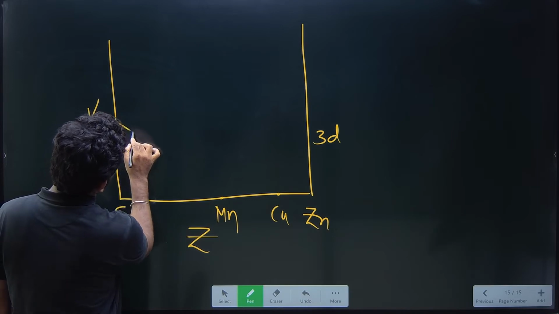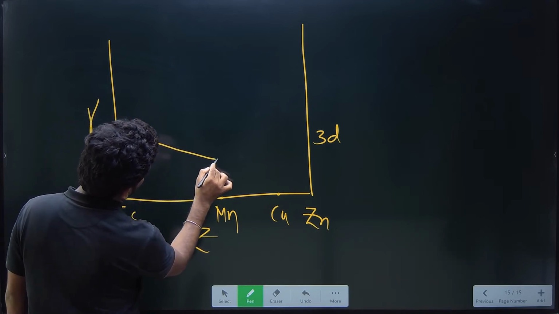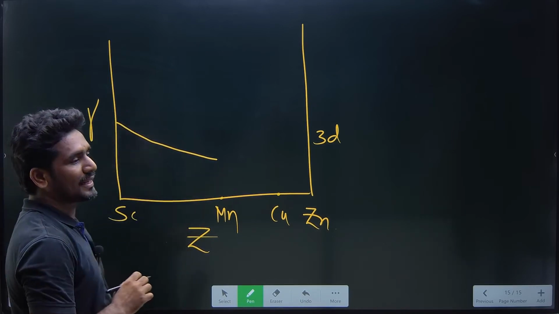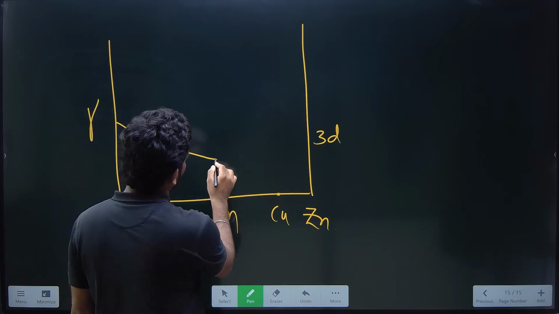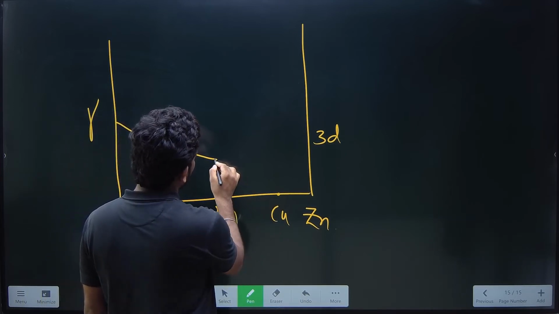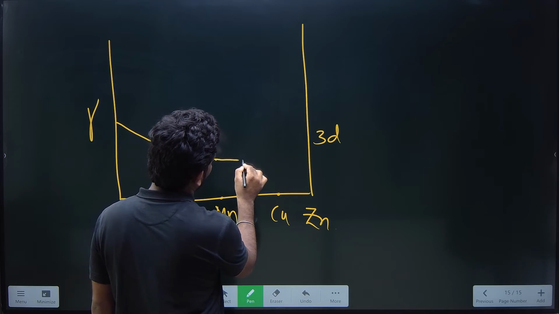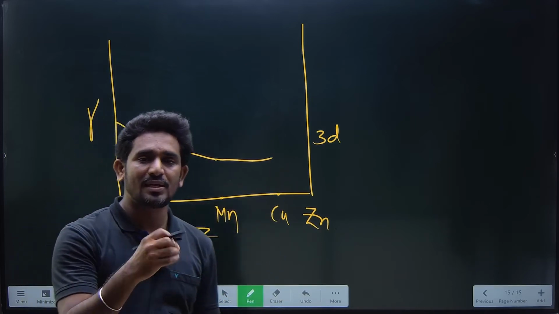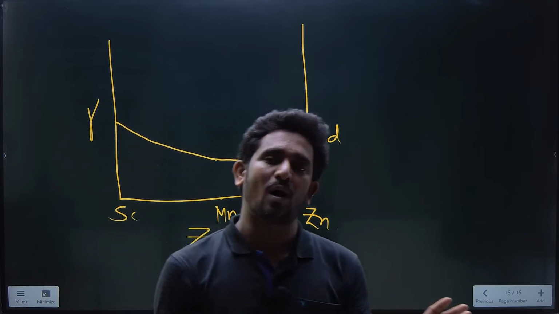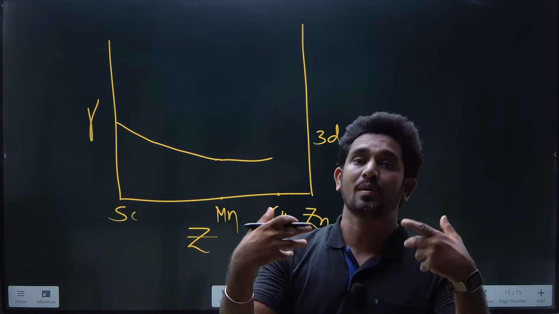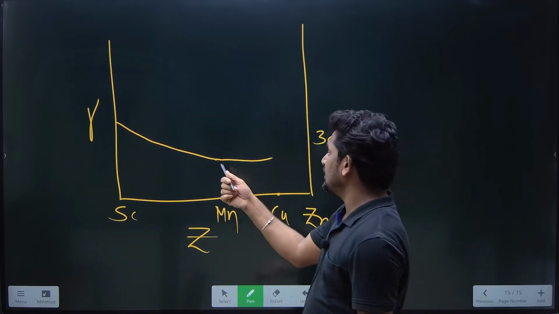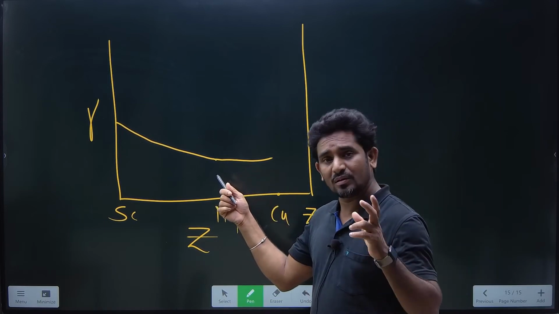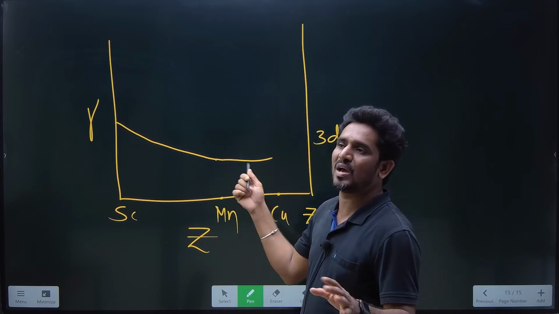क्या होता? Size decreases, like I say, size decreases. But from manganese to copper there is not much variation in the size, because both effective nuclear charge and screening effect are operating at equal magnitude, इसलिए there is no difference in the size, approximately they have the same size.